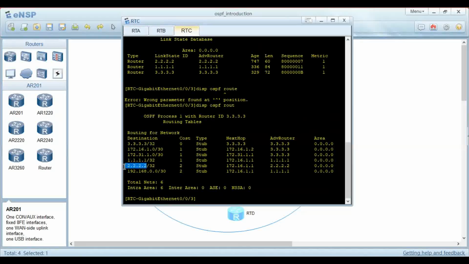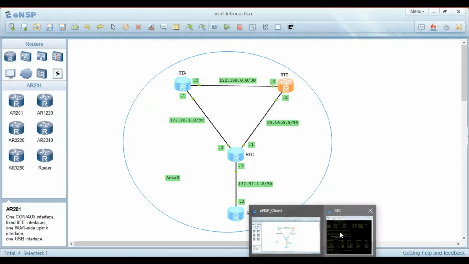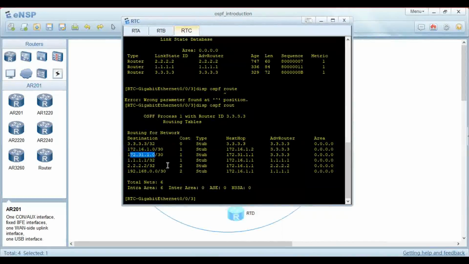We are receiving 2.2, the loopbacks of the others. We can receive even this network that is remote to RTC. Remember from our static routing lesson, we said this router by default only knows about the directly connected network, but does not know about a remote network like this one. But in this case, through OSPF, we are able to learn about that network.